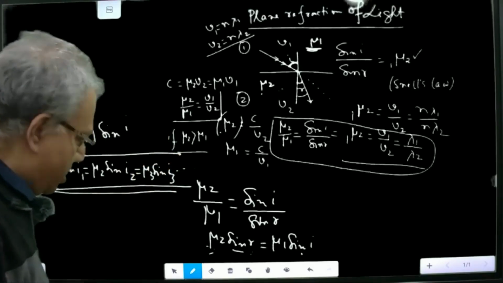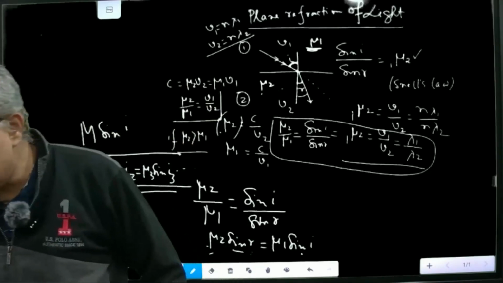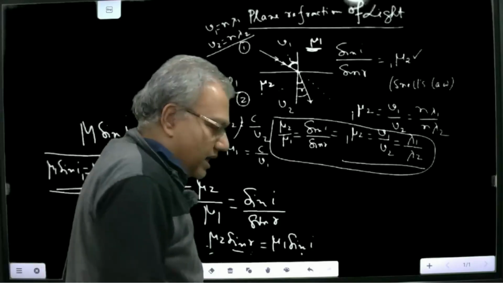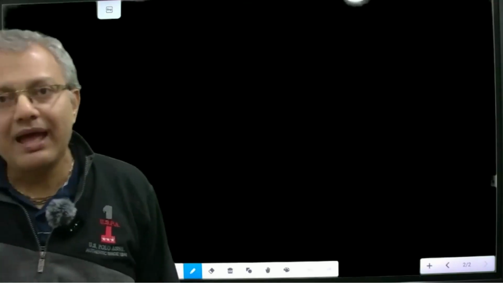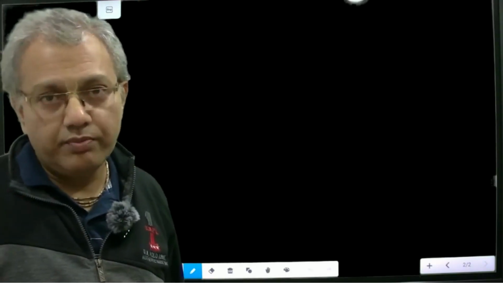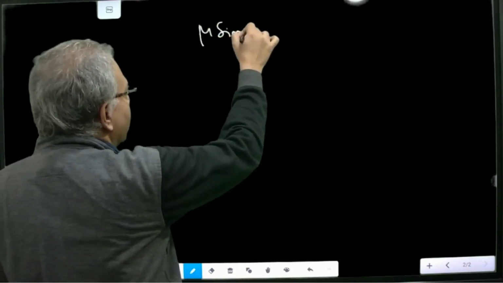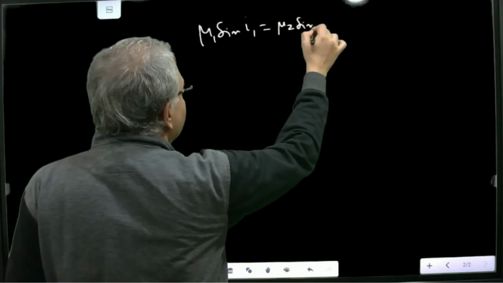Okay. Very good. Now see, children. I'm going to change this page. Let us apply some applications. How can I use this process, mu1 sine I1 is equal to mu2 sine I2?